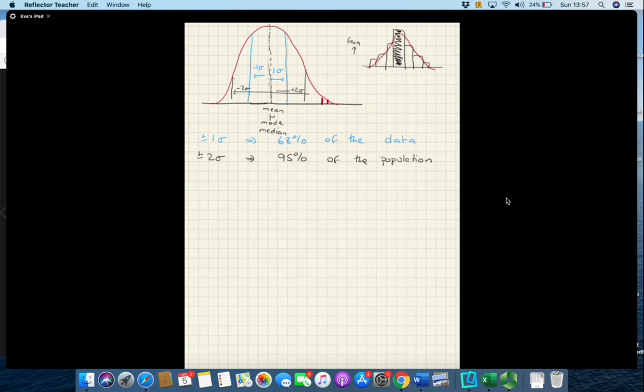Plus or minus 3 standard deviations represents 99.7% of the population. There's a grand old delay there between me writing and it updating on your screen. And you just have to know those values. They're not written in your log tables. If there's no question in your book, which I would say there will be, but if there's not, I will find you one to show you how exactly do they ask you the empirical rule.